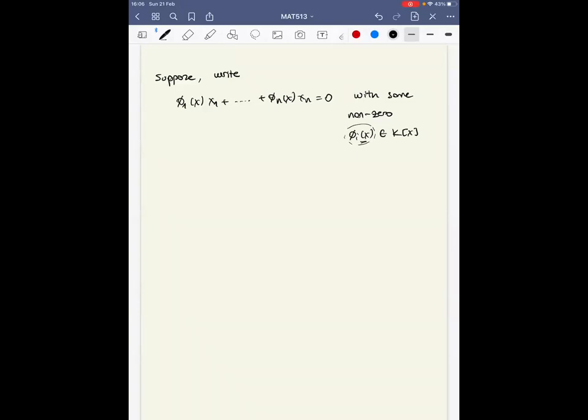And again, without loss of generality, we may suppose that not all phi_i(x) are divisible by x, because otherwise we can factor out x and apply the cancellation. And here observe that if phi_i(x) is not divisible by x, its constant term is not 0, and we can write phi_i(x) as some polynomial g_i(x) times x plus a_i.